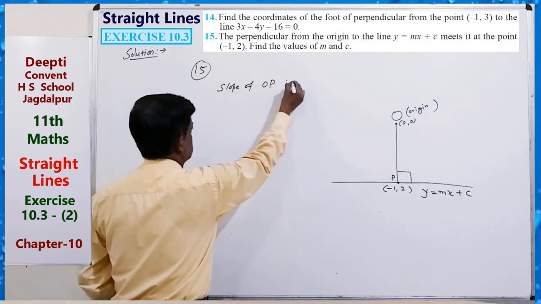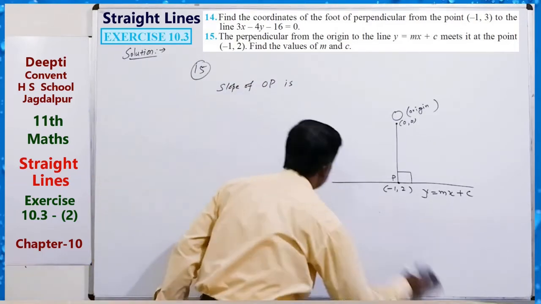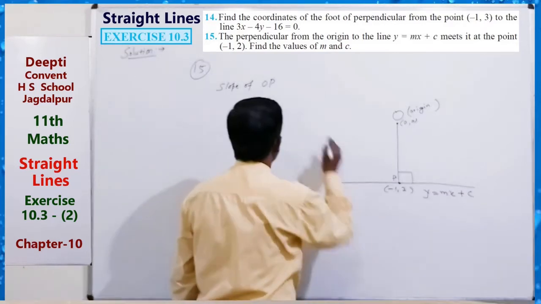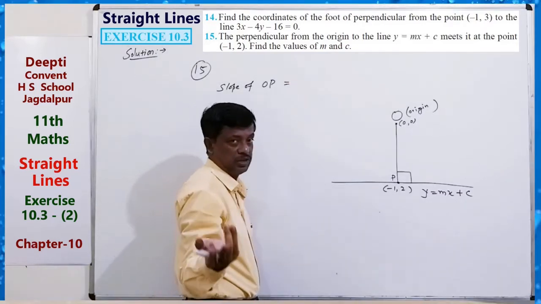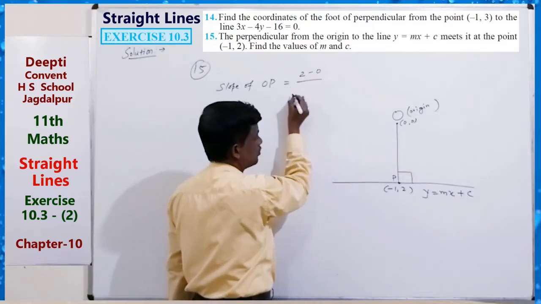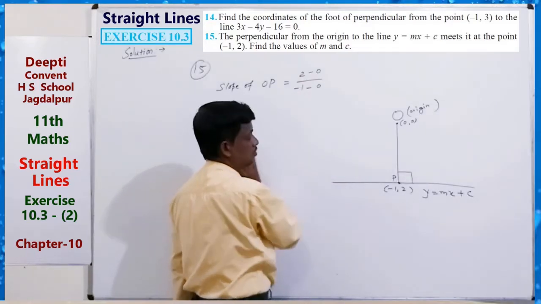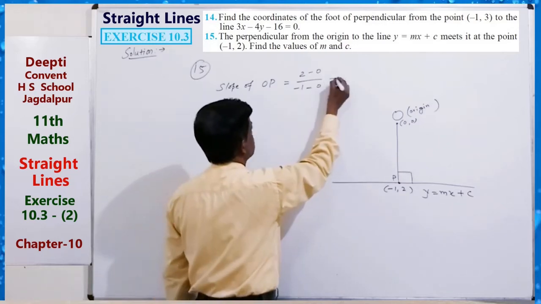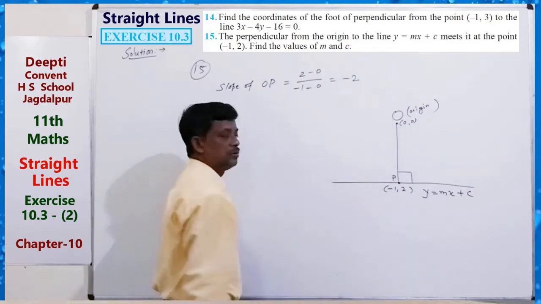Slope of OP equals y2 minus y1 upon x2 minus x1, which is 2 minus 0 upon minus 1 minus 0, equals minus 2.